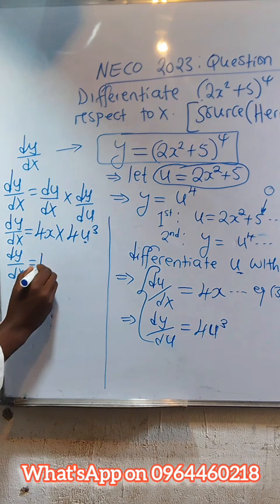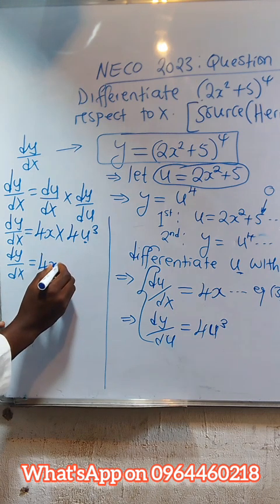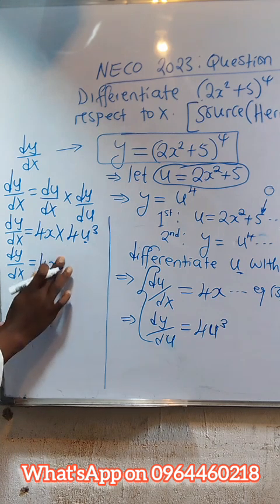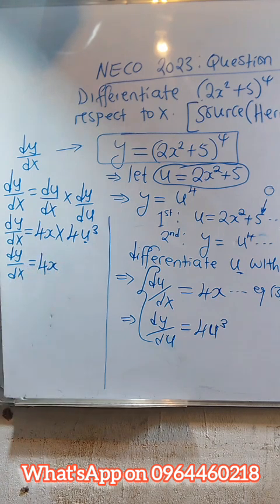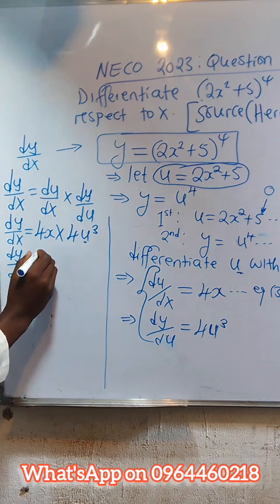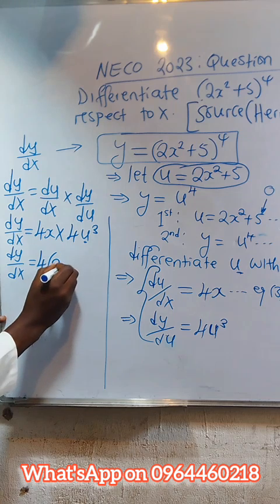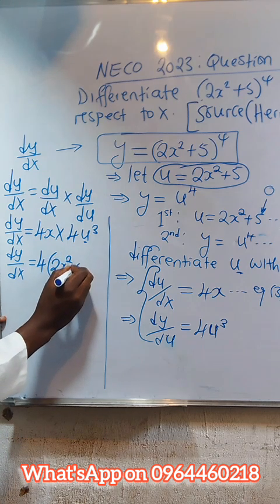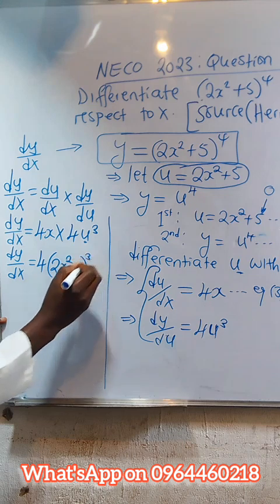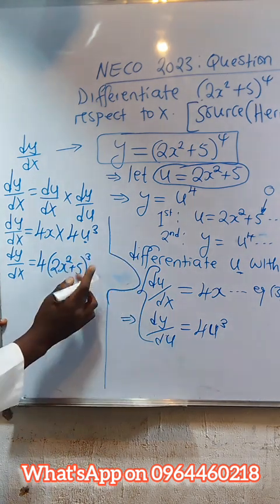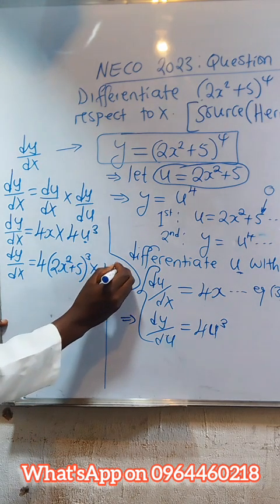Therefore, you are going to have 4, open the bracket, 2x^2 + 5, to the power 3, multiplied by 4x.